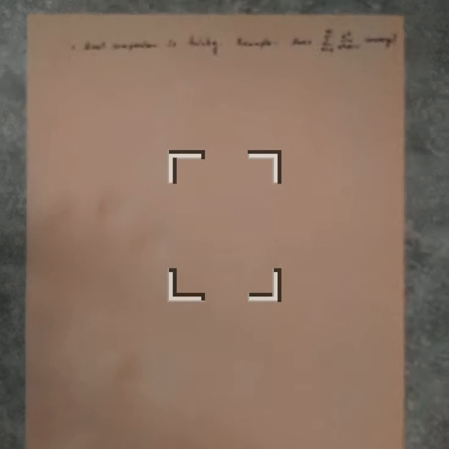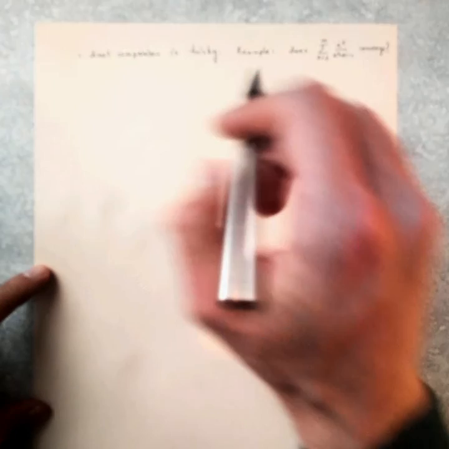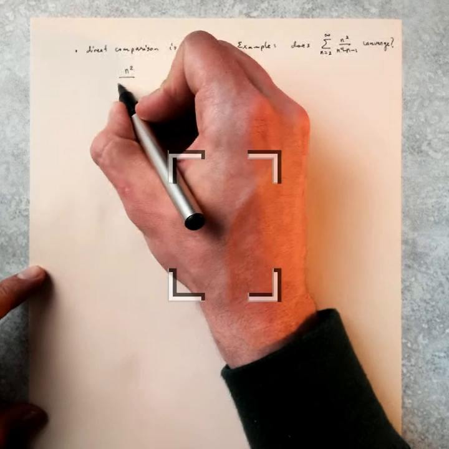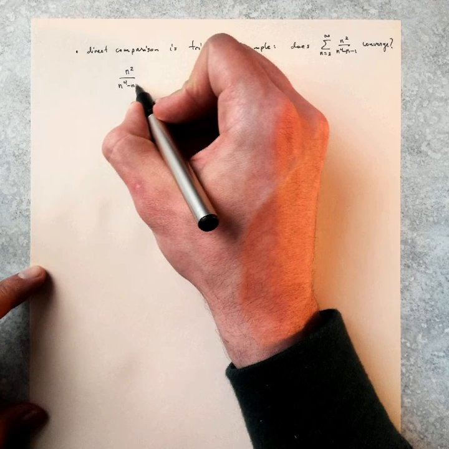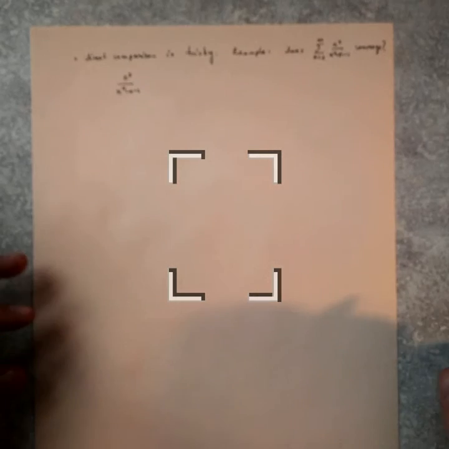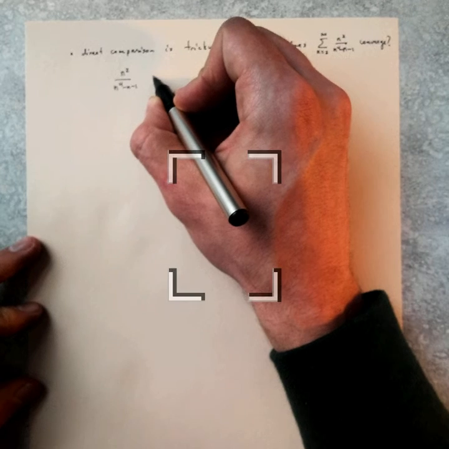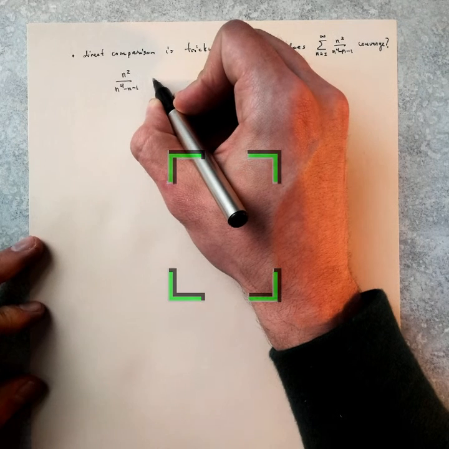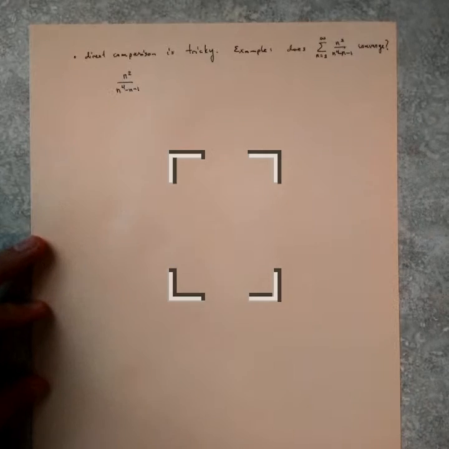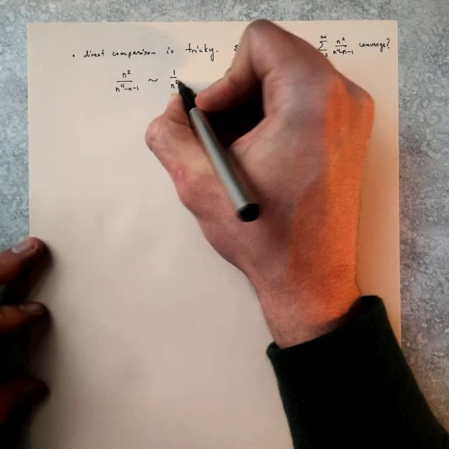Okay, so if you write down some terms of this sum, you think n squared over n to the fourth minus n minus 1. You can certainly say that that's less than... so you want to say that that looks like 1 over n squared.